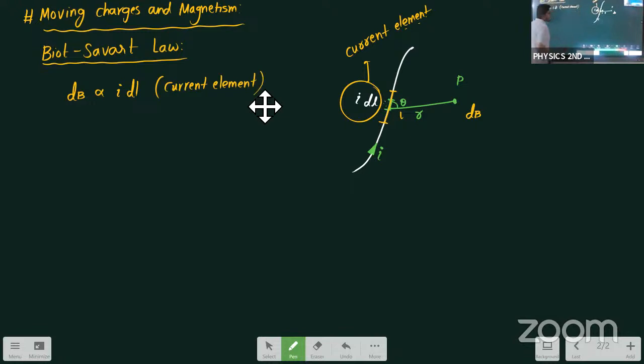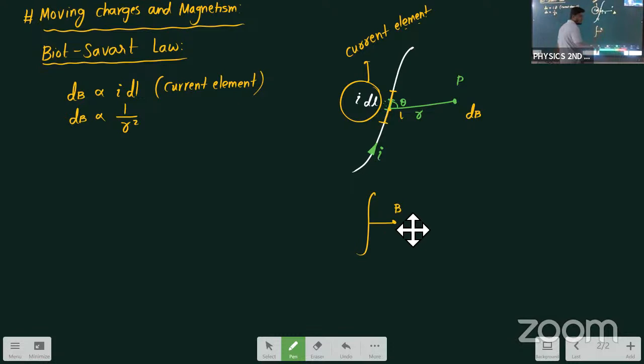Next, what is the next thing they have observed? They observed that the magnetic field created at one particular point is inversely proportional to the square of the distance between the current element and the point P. Assume that initially, due to this wire, some magnetic field B1 is created here.